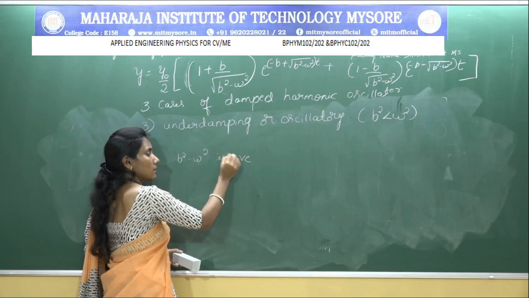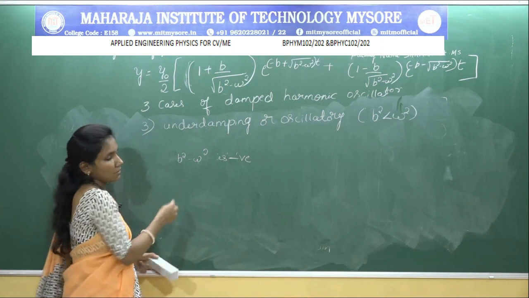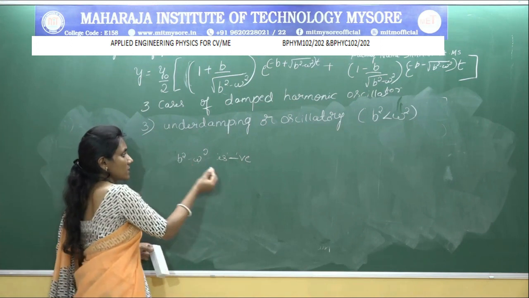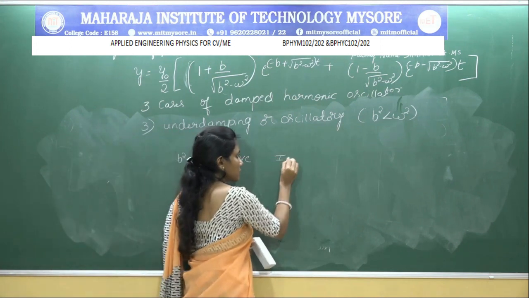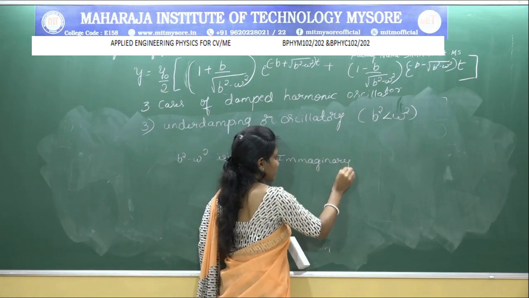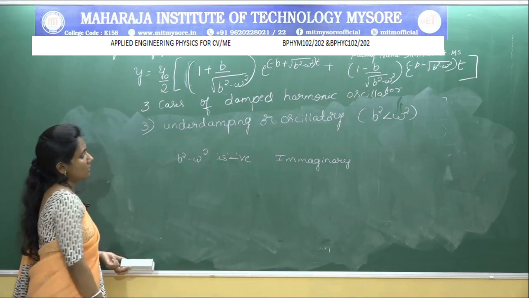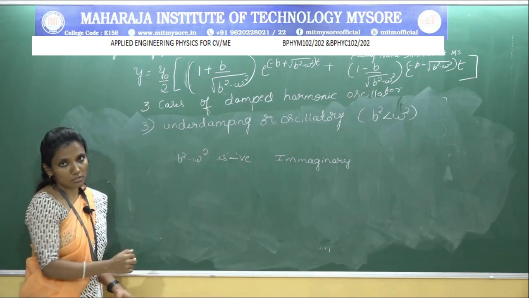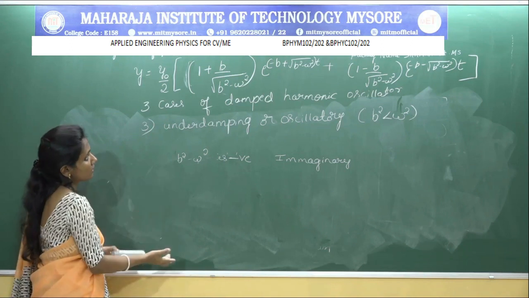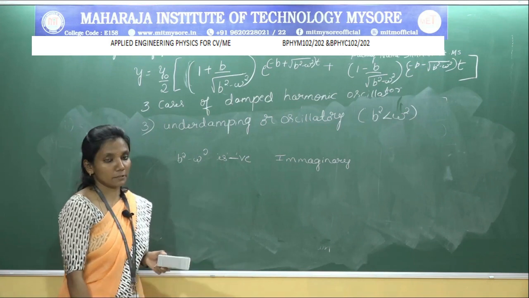and an imaginary value. So b square minus omega square will become imaginary. That is why we first have to make it positive, in terms of positive, then only are we able to get a proper solution for underdamping.